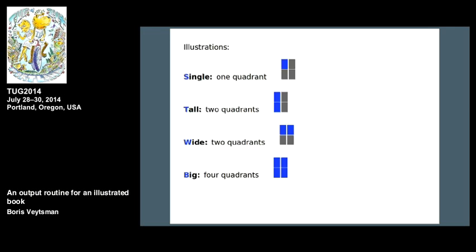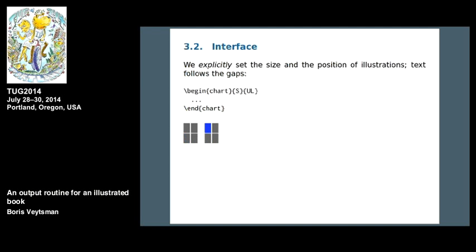Okay, so here's my interface. I said, okay, if you know exactly where your illustration is going, let's take a LaTeX environment where we exactly say how many quadrants you take and what is the first quadrant of your set. So you say begin chart S, which means single, and UL means upper left, and since it's in uppercase, it means that it's on an odd page, like this.